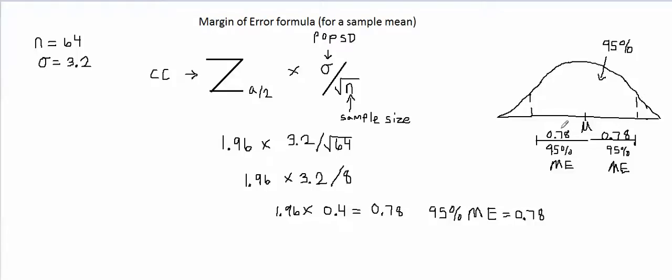So the 95% margin of error is just the distance from the unknown population mean that I'm estimating to the lower end and the upper end of the middle 95% of the possible samples.